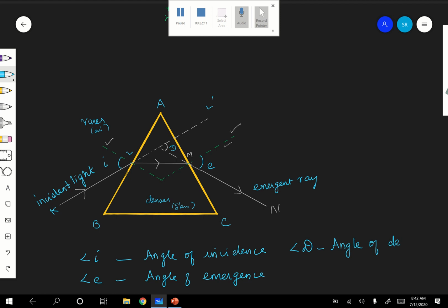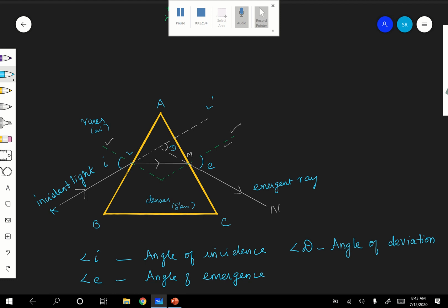Why angle of deviation? It gives you the degree of deviation of the emergent ray with respect to the incident ray. It is the angle between the path of the incident ray and the path of the emergent ray. Therefore, the incident and the emergent ray are inclined at an angle.